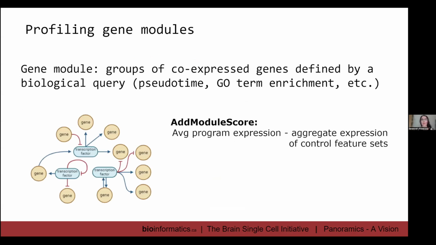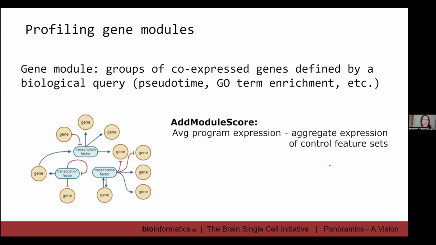You can also examine the expression of multiple genes, such as gene modules. Traditionally, gene modules are co-expressed genes that are bound by transcription factors, but the Seurat team uses the term a little bit more broadly. They have this really cool function called AddModuleScore, and it calculates the average expression of your modules on a single cell level, and it subtracts this by the average expression of your control feature sets.